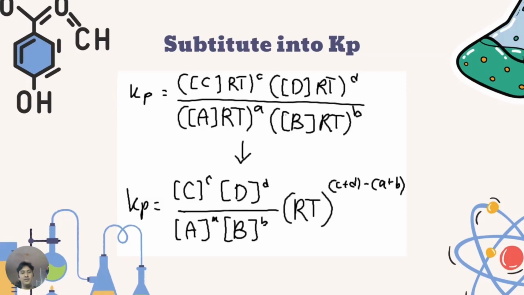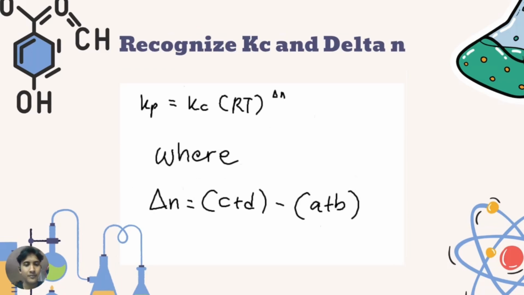You substitute into Kp, so you go like this. Kp is equal to [C]RT to the C, [D]RT to the D, over [A]RT to the A, [B]RT to the B. This is Kp. So the next one, we need to recognize Kc and delta n. Kp is equal to Kc (RT) to the delta n, where delta n is c plus d minus a plus b.